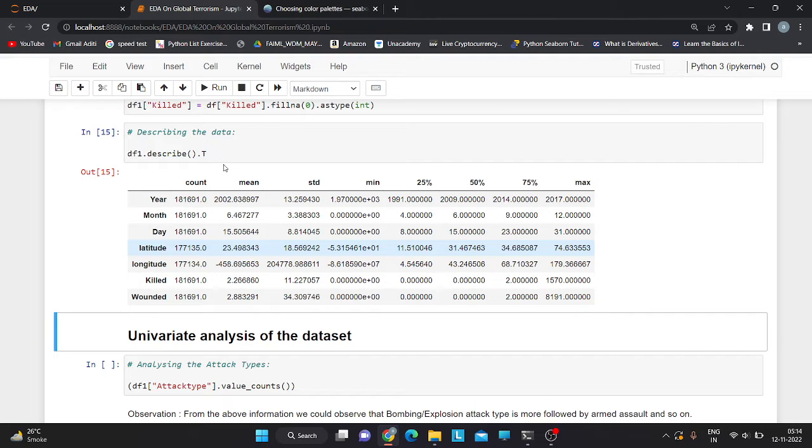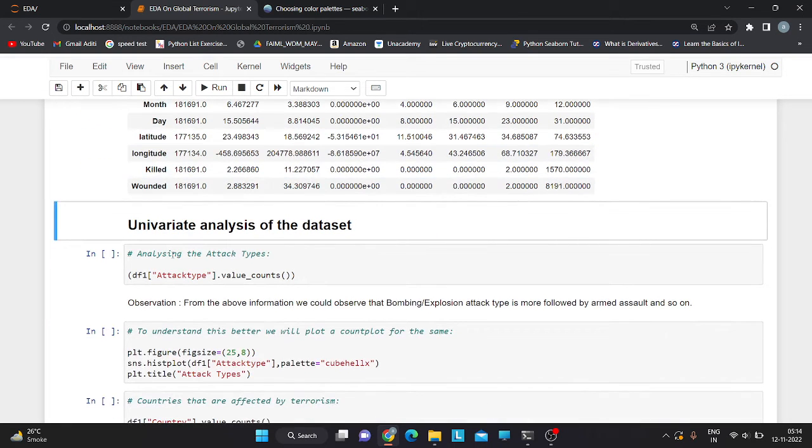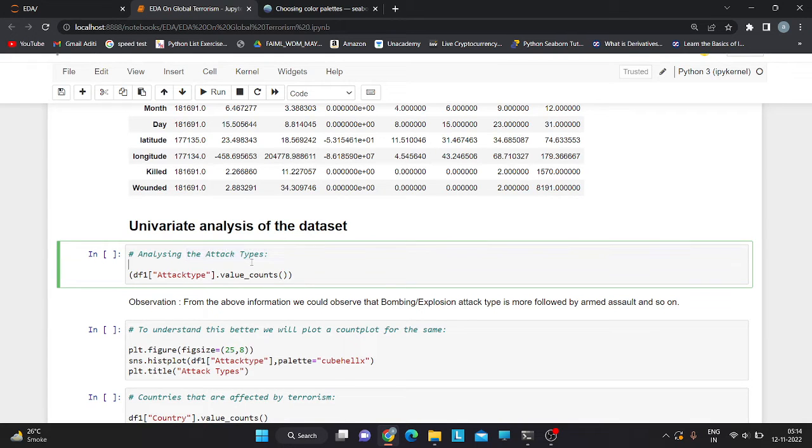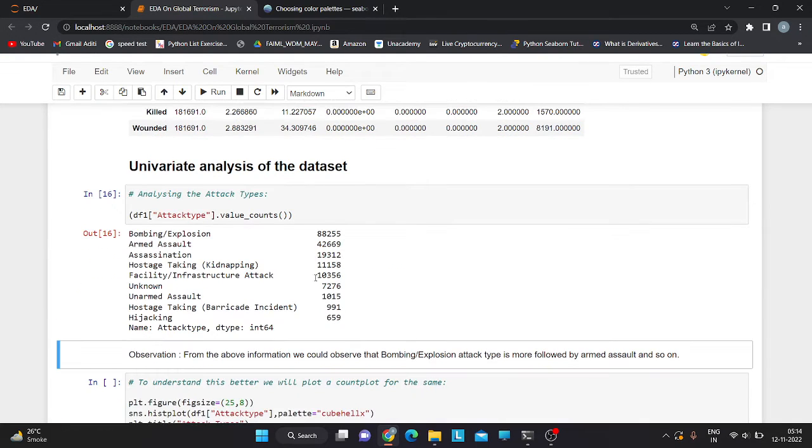Let us start with univariate analysis of the dataset. First we will analyze the attack types. Let us see what the counts of the attack types that have taken place are. I'm executing the cell first.